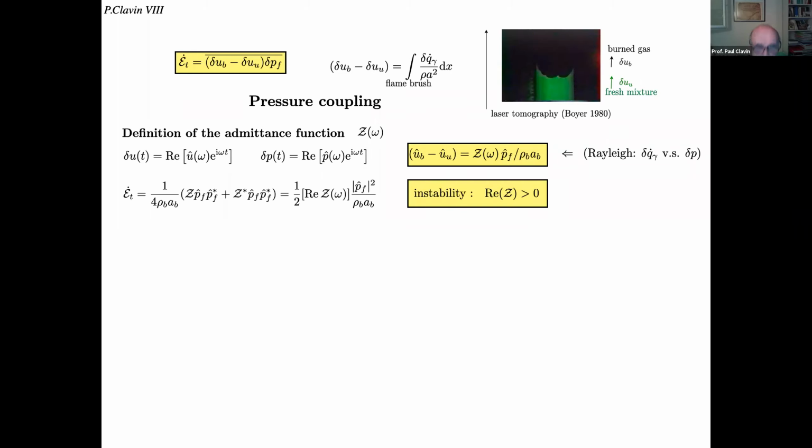Now, when you know this admittance function, you can easily compute the energy which is transferred from the combustion, from the flame brush indeed, to the acoustic mode, and you obtain this expression here.